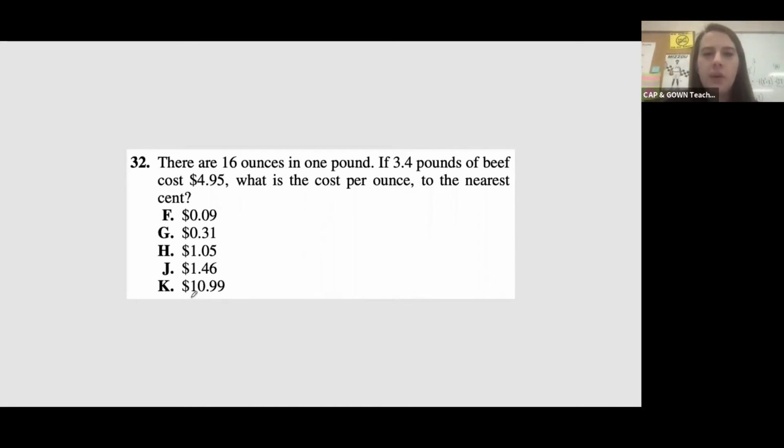So on this one, we want to find out how many ounces we have in total first. So we're going to multiply 16 times 3.4, which is 54.4. Okay, so this is my total ounces.